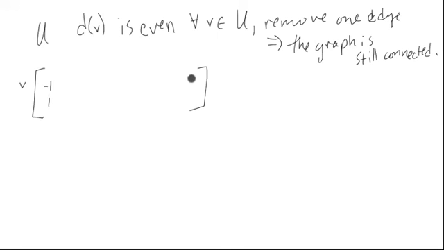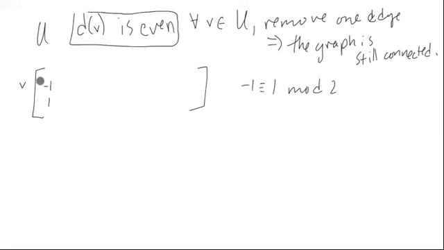Now, a sum of 1s and -1s doesn't change from being odd to even when you change up the minuses or the pluses, because mod 2, -1 is actually equal to 1. They're equivalent mod 2. So another way of saying that the degree is even is saying that the sum of each row is even in the incidence matrix.